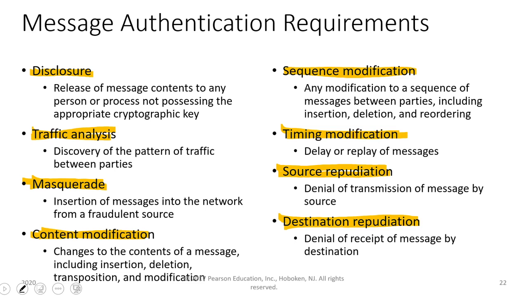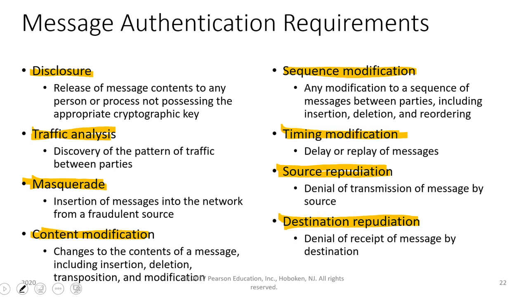So these are the main things that we want to achieve by using message authentication. That is disclosure, that is, no other people are seeing the message. Traffic analysis, they are not able to monitor the communication and get other information about that.